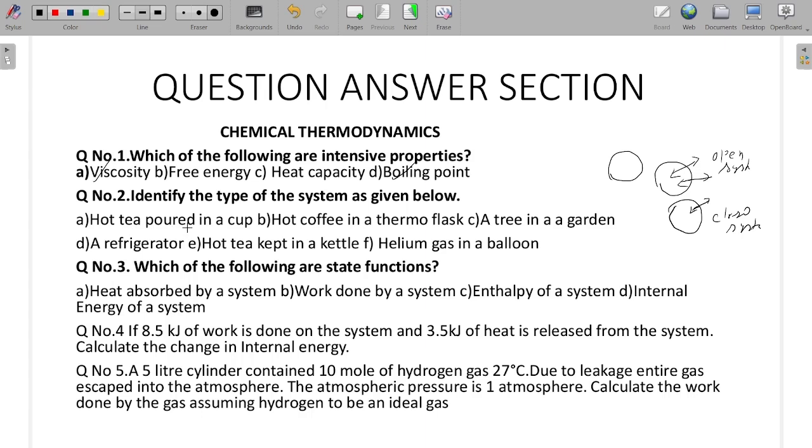Hot tea poured in a cup is an open system.